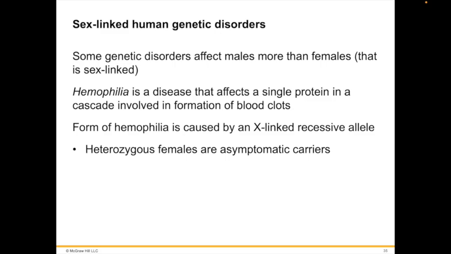Heterozygous mothers are referred to as carriers. This leads to these traits often skipping a generation. Females can have X-linked disorders, but only if their father was affected and their mother was a carrier.